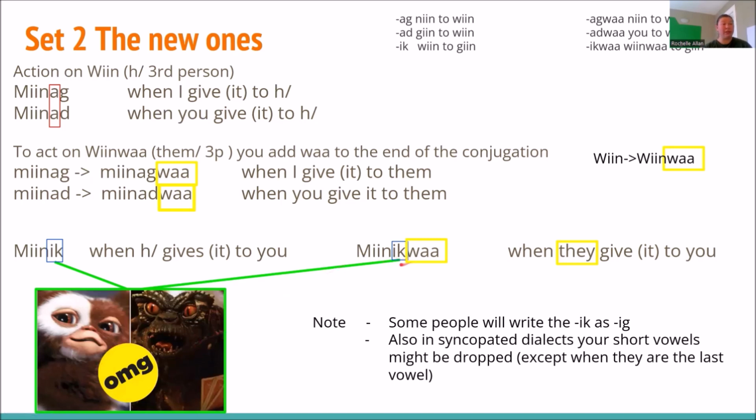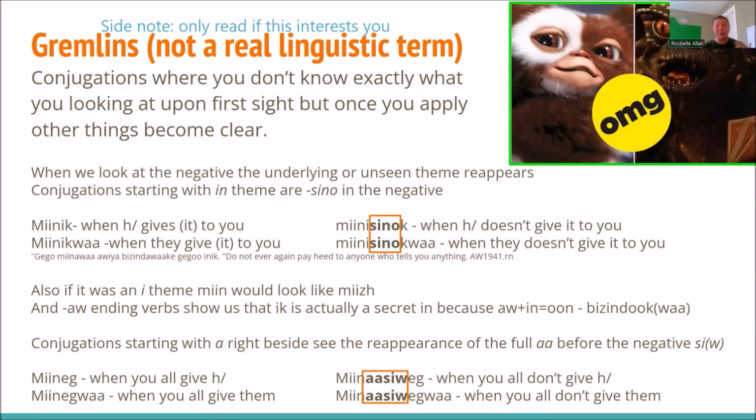But if we look to the plural, with they to you, we're again just adding the wa to take the third person from singular to plural. So meenik is he or she to you. Meenikwa, they to you. So gremlins is not a real linguistic term. It's just a way I think of verbs and conjugations that at first seem like one thing, but then as you get to learn about them more, you realize there's more going on.